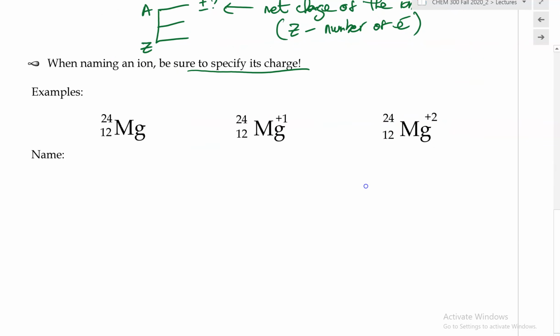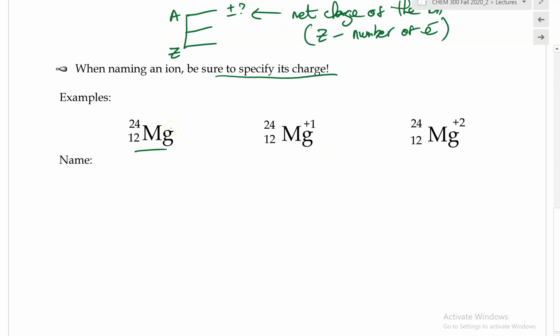For an example, here are some of the nuclear symbols of magnesium. So here we see magnesium, and in this case we don't see a charge listed on it. If we do not see the charge listed, the atom is assumed to be neutral. So to name this, we simply call this magnesium.